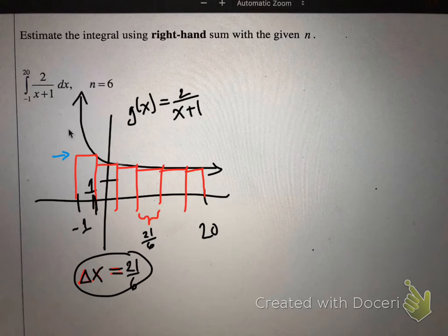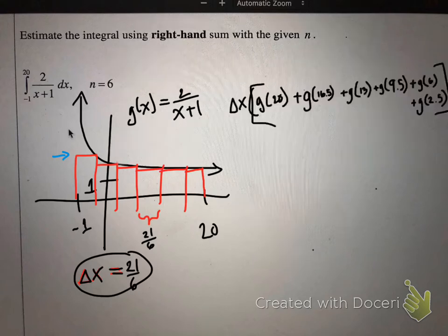Where does that touch? In order to find the y value, we have to plug the x value into this function to give us the y. So that's what I'm doing here for every single one of these.